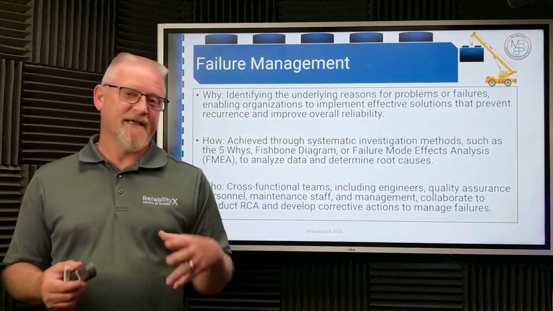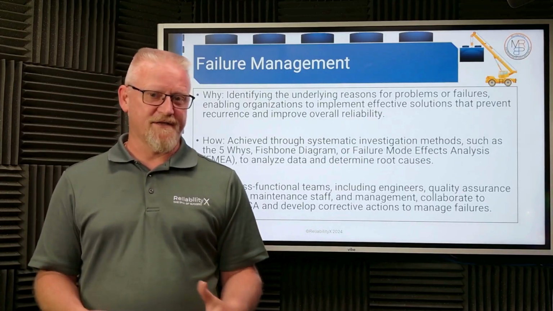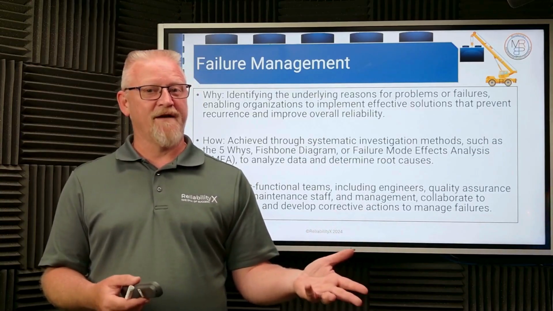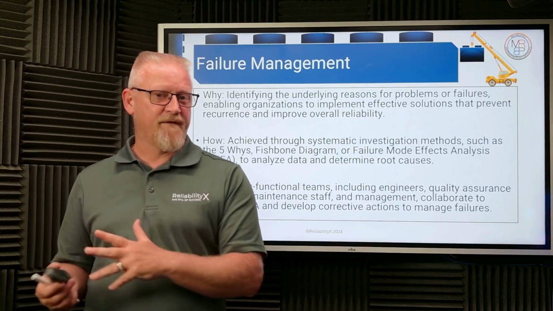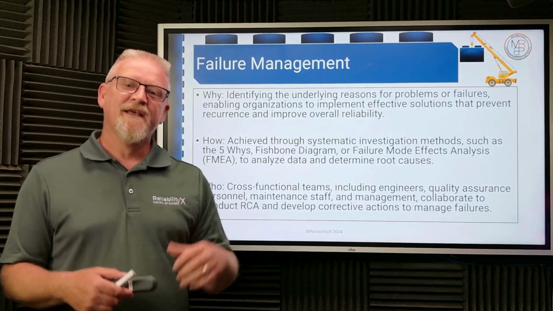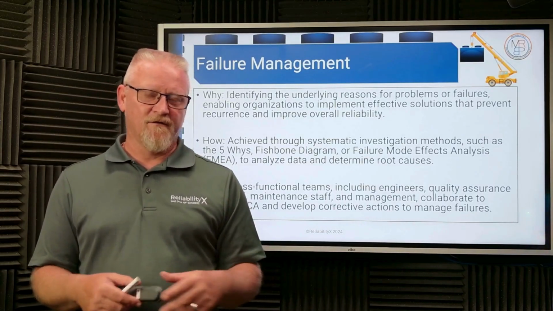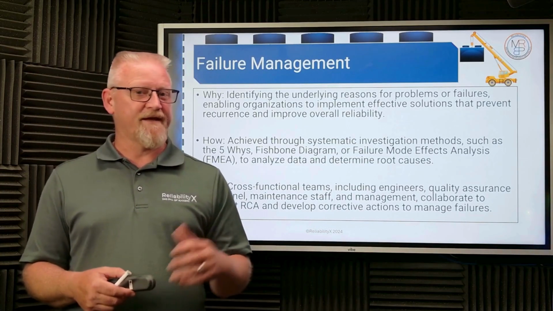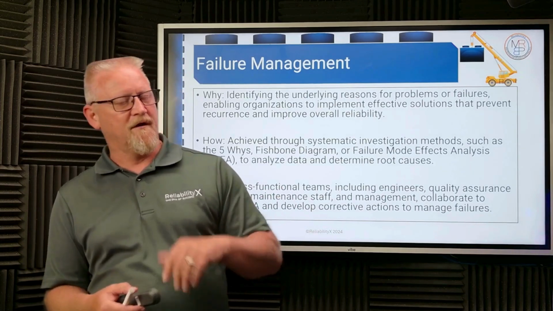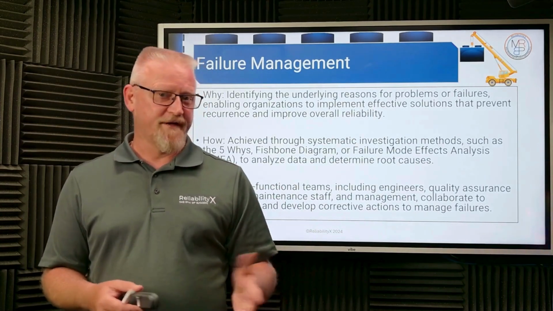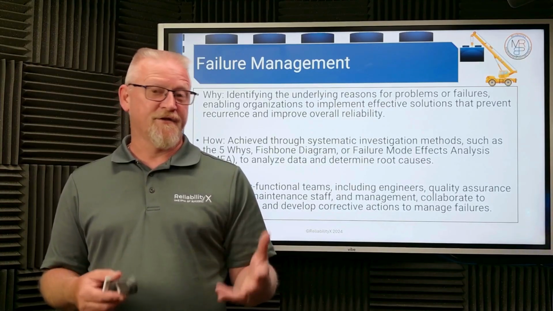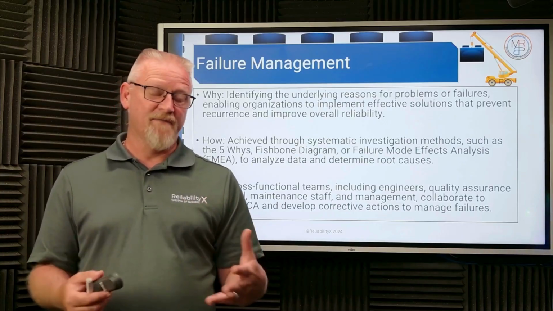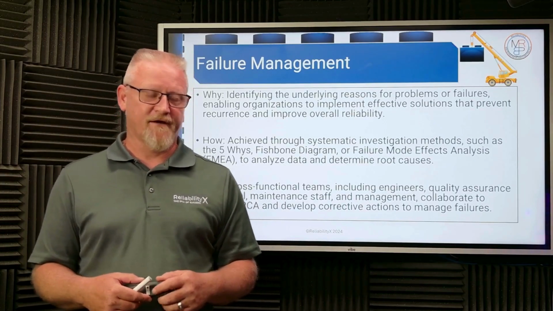We utilize the appropriate root cause analysis tool, such as, well, at the line level, it could be as simple as a 5 Why. If it's a quality defect, we might use a fishbone diagram. If it's a more technical event or failure, we may use things like cause mapping or Apollo root cause, or even a fault tree analysis to help us determine what happened and what we can do to minimize the likelihood of reoccurrence.